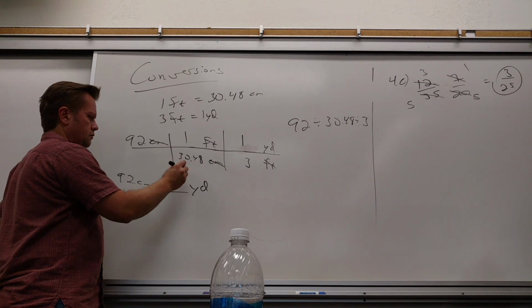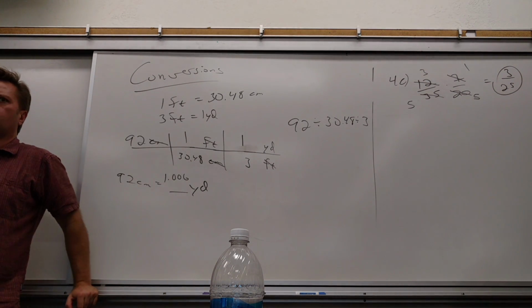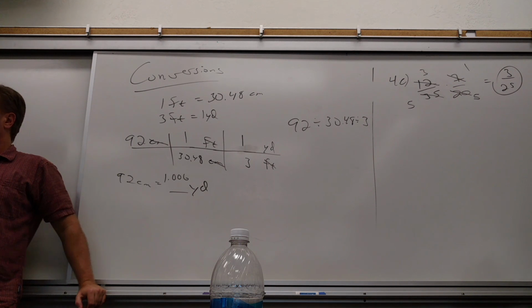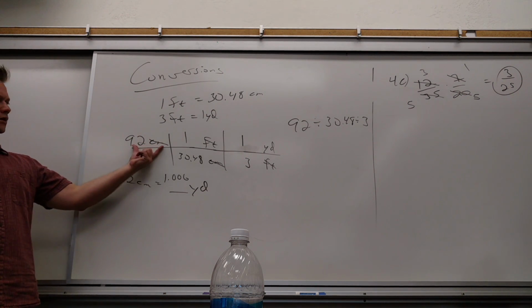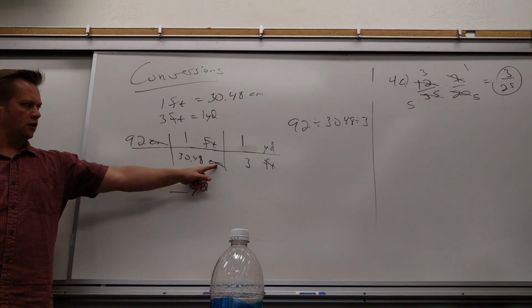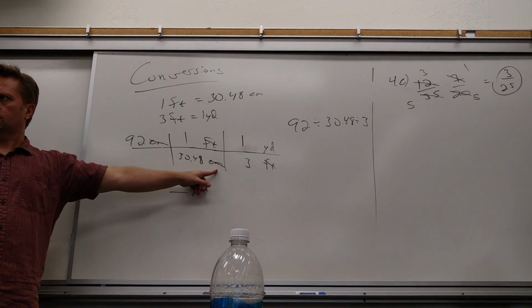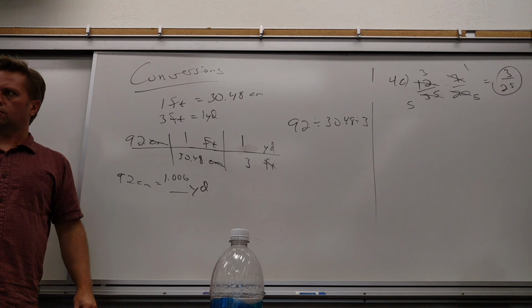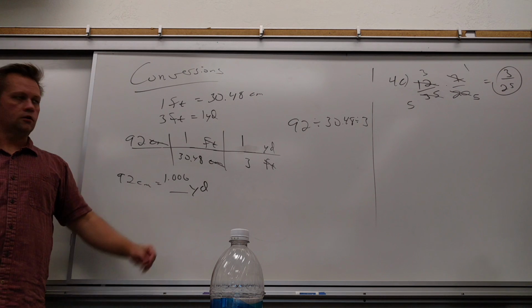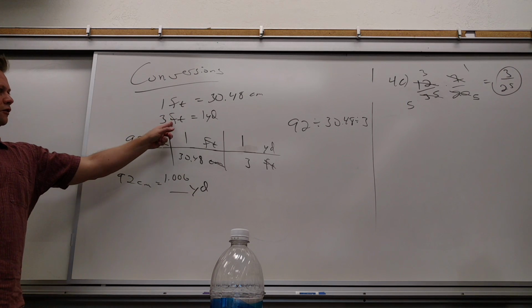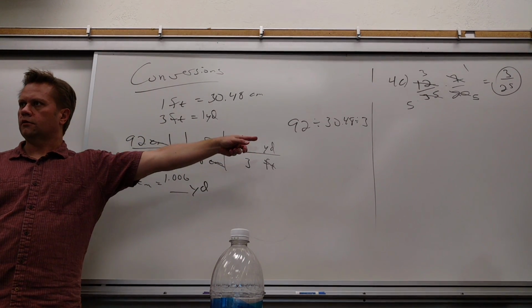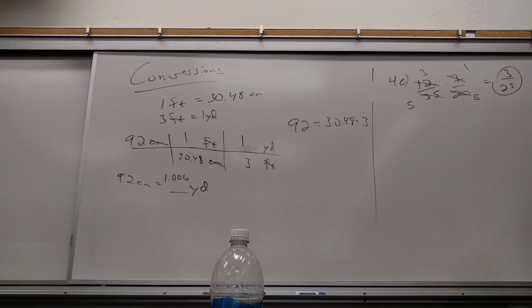Yes, so I started in centimeters, so I put the centimeters there so they would cancel. So 30.48 centimeters for every foot, and then 3 feet for every yard. See it?